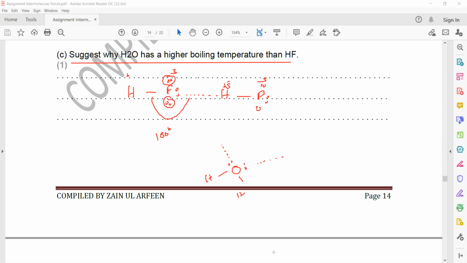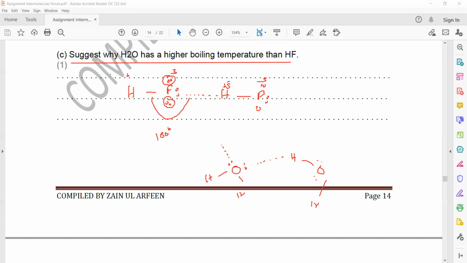As these electrons repel each other, the molecule cannot fit in this space. But in water, a greater number of hydrogens are available, so it can form more hydrogen bonds per molecule.